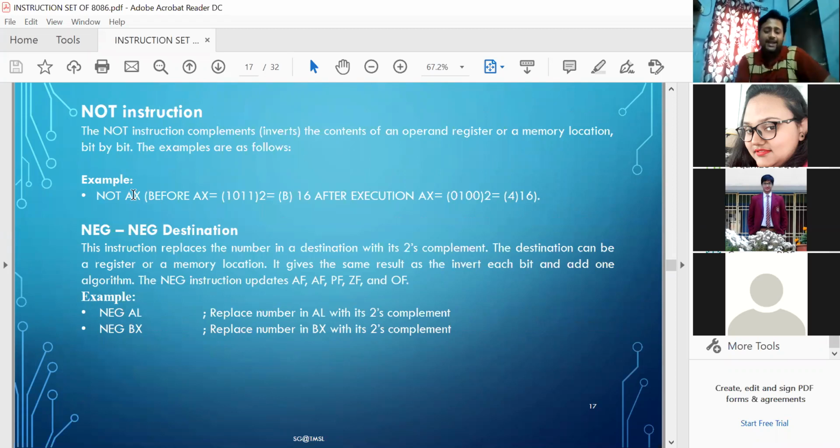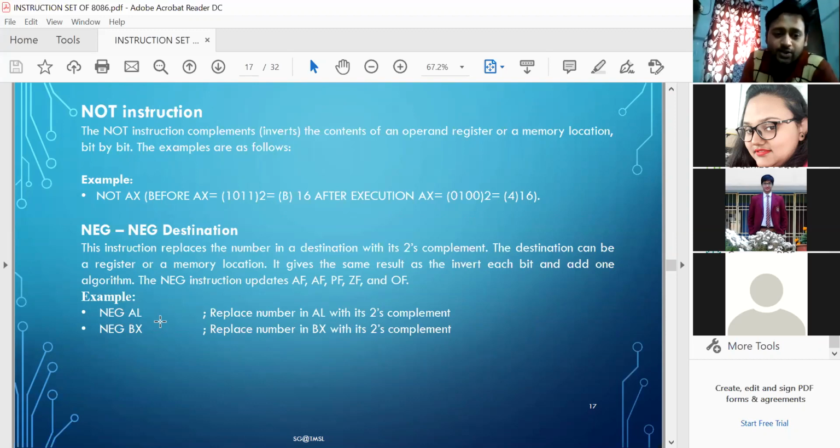And the 2's complement can be performed using the negate instruction, NEG. Suppose a number is stored inside AL and you need to find its 2's complement. You write NEG AL, so that after execution of this instruction, AL contains the 2's complement of the number which was loaded inside AL.